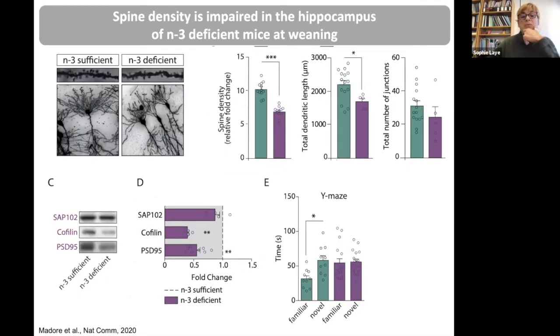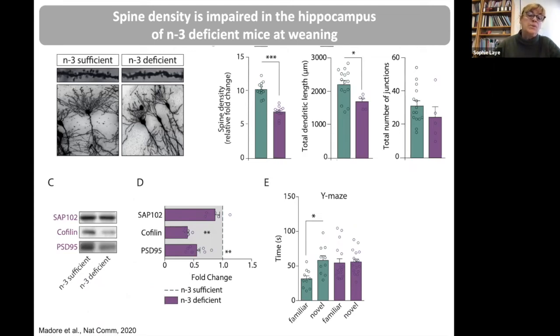So what we did is that we again submitted animals to a diet that is sufficient in omega-3, so with the balance of omega-3 and omega-6, as compared to a diet that is deficient in omega-3. The diet was given from the first day of gestation, and we studied the offspring at weaning.